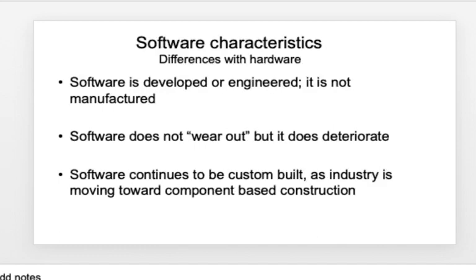If you look at the software characteristics, software is developed or engineered, rarely manufactured. It does not wear out but only deteriorates over time, and software continues to be custom built as the industry is slowly moving towards component-based construction.